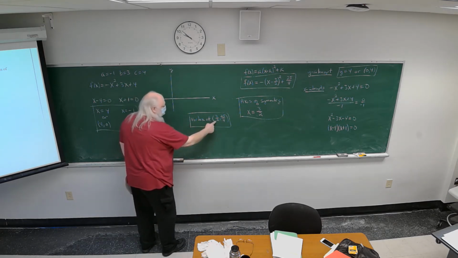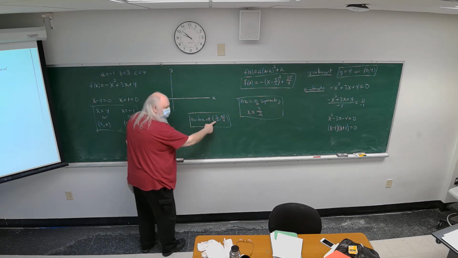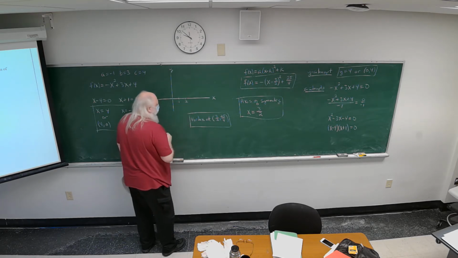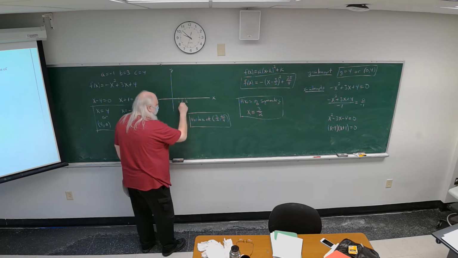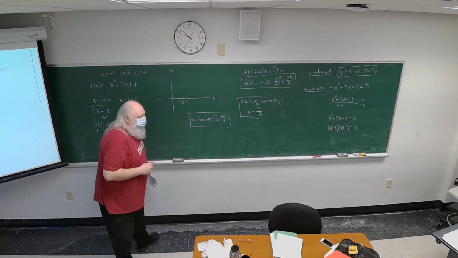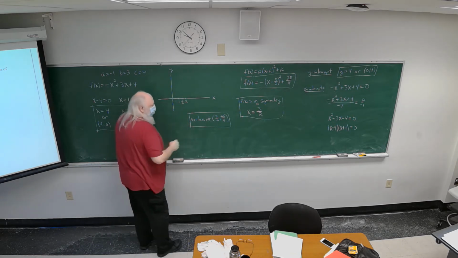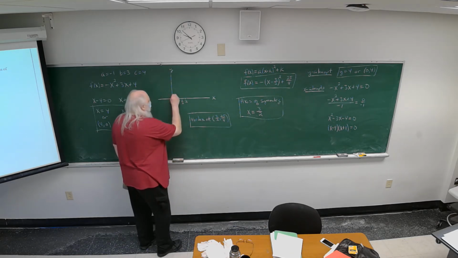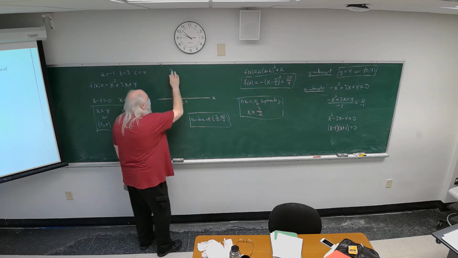So 3/2 is halfway between 1 and 2. So here's, say, x equals 1, x equals 2. So 3/2 is right here on the x-axis, 1.5. And then 25/4 is 6 1/4. So it's like 1, 2, 3, 4, 5, 6.